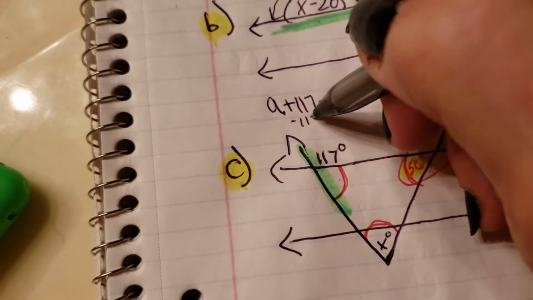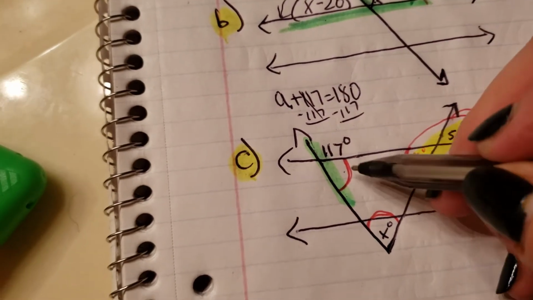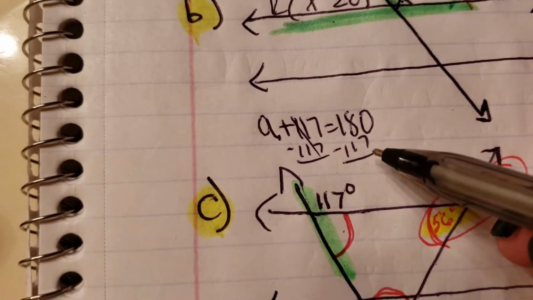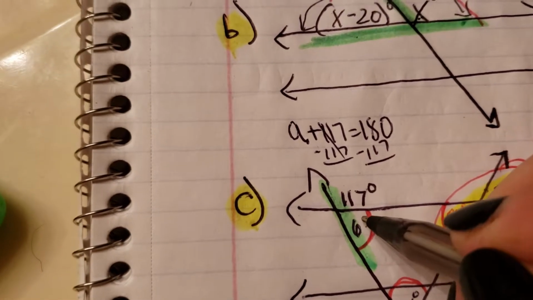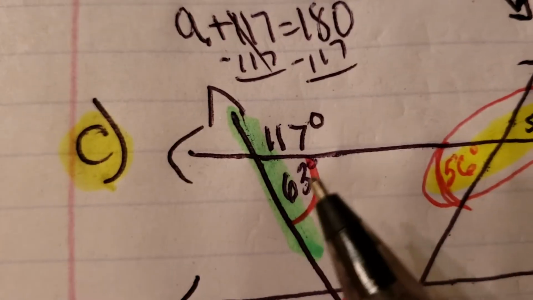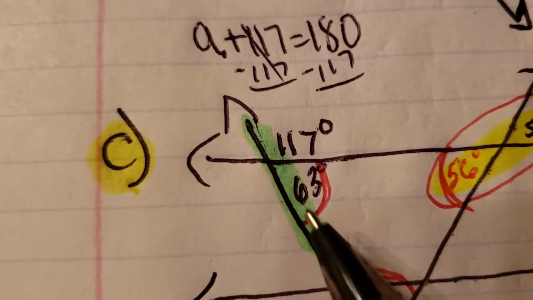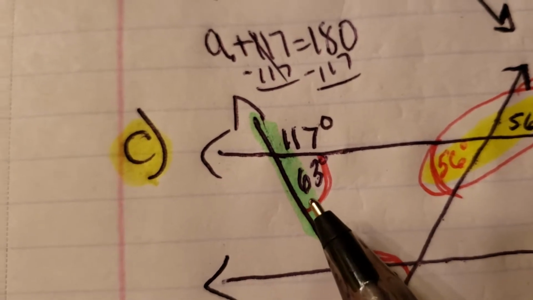So subtract my 117, subtract my 117, okay? So that means that this angle measure is 180 minus 117, and what is that? 63 degrees. Okay, so if we add 63 plus 117, it should form a straight line. It does, and that means that it should add up to equal 180 degrees, and it does.